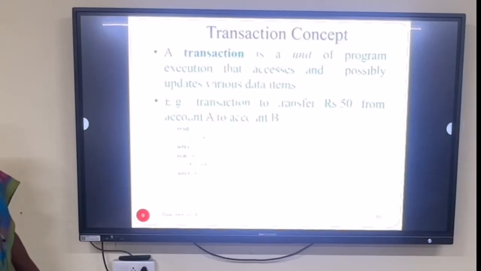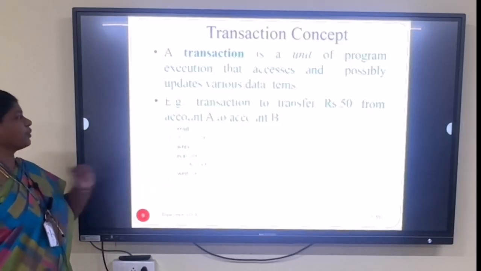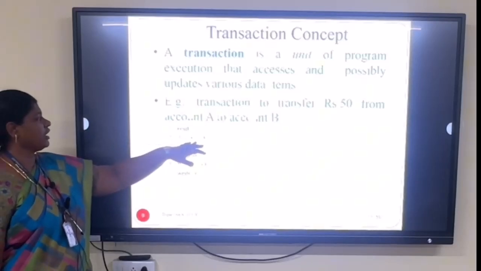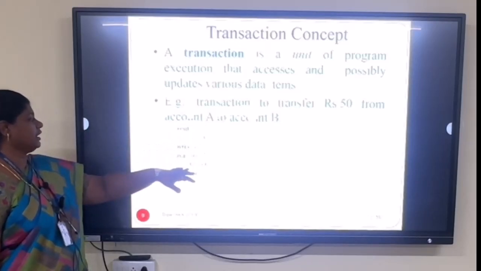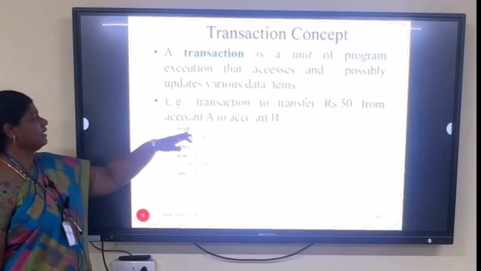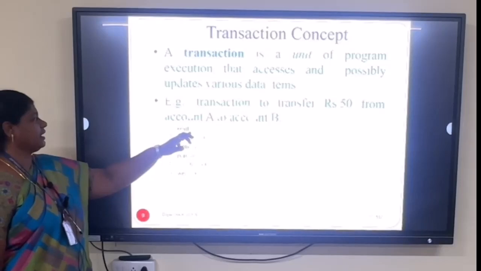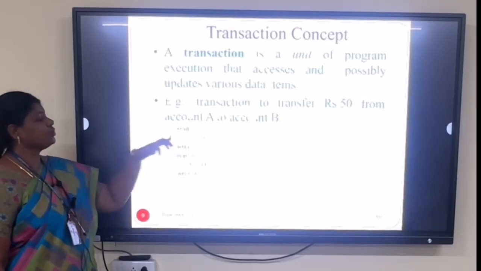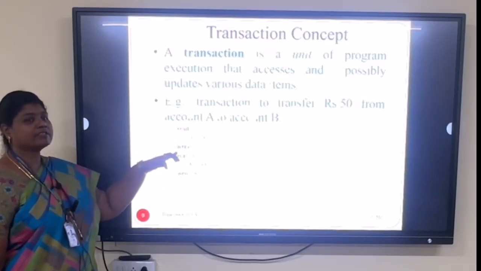So here you can see a program where 50 rupees from account A has been credited to account B. First, the data A is read, and from A 50 rupees is reduced, and after reducing, the amount has to be written.